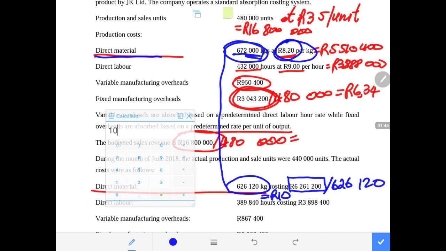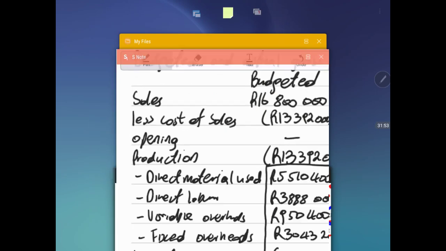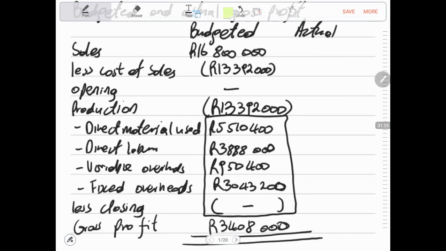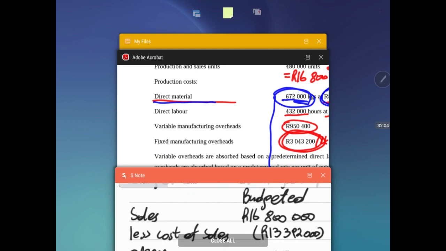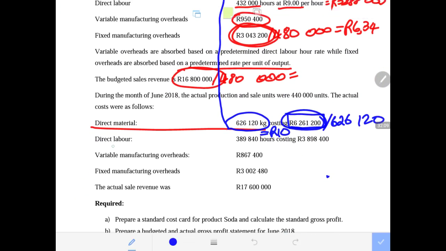So in this case, we are already given the cost, 6,261,200. Just copy that and paste as it is. Then we go to the next cost, which is labor. Again, for our direct labor, we are given the hours as previously, and we are given the total cost again.